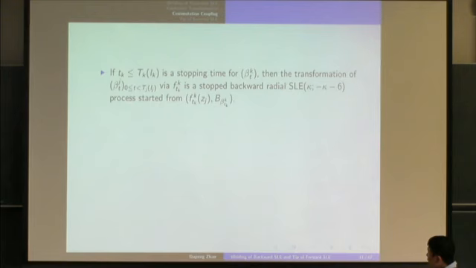If Tk is a stopping time for beta kt, which is less than or equal to Tk of Ik, then the transformation of beta jt up to Tk via fk,Tk is a stopped backward radial SLE kappa minus 6 process starting from fk,Tk of zj, the base of beta k,Tk.